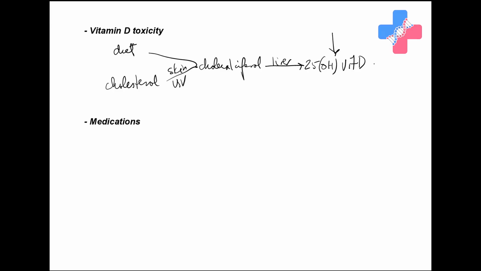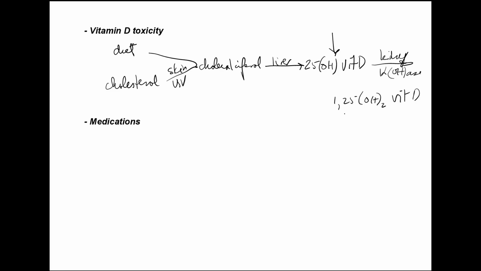If that vitamin D is exposed to the 1-alpha hydroxylase, then it will form 1,25-dihydroxy vitamin D, also called cholecalciferol. And this is the most active form that's going to affect the gut to increase resorption of calcium and phosphorus.